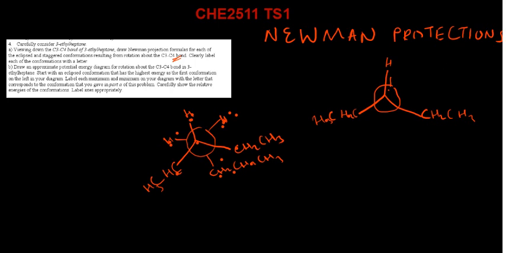For example, the hydrogen is behind here, and the other hydrogen is behind this group, and this isopropyl group, these are actually methyl groups, and the isopropyl group is also here, eclipsed.